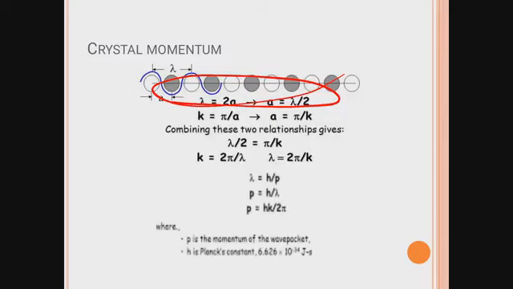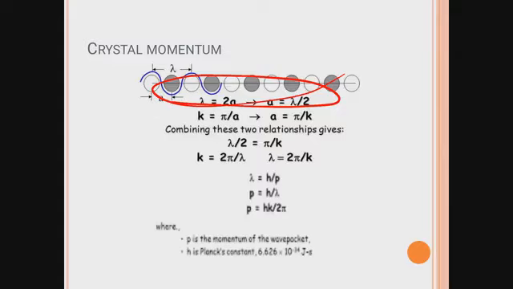This is a plane wave or sinusoidal wave, and the distance between each peak is denoted here as lambda, which is called the wavelength. So lambda is equal to 2a.